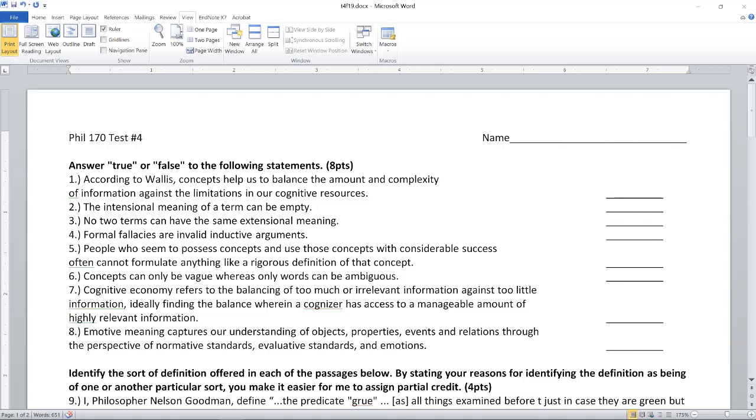So people can point to particular objects, can be very facile at categorizing them without being able to formulate anything like a set of individually necessary and jointly sufficient conditions for being that kind of thing.